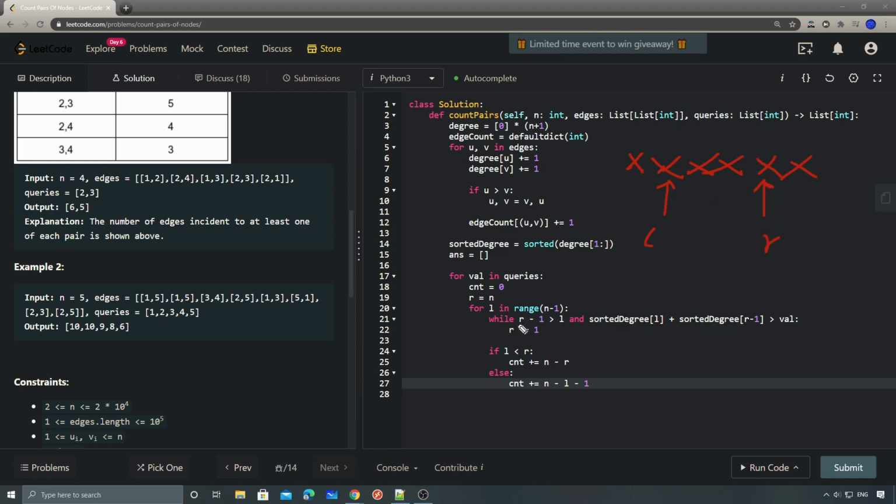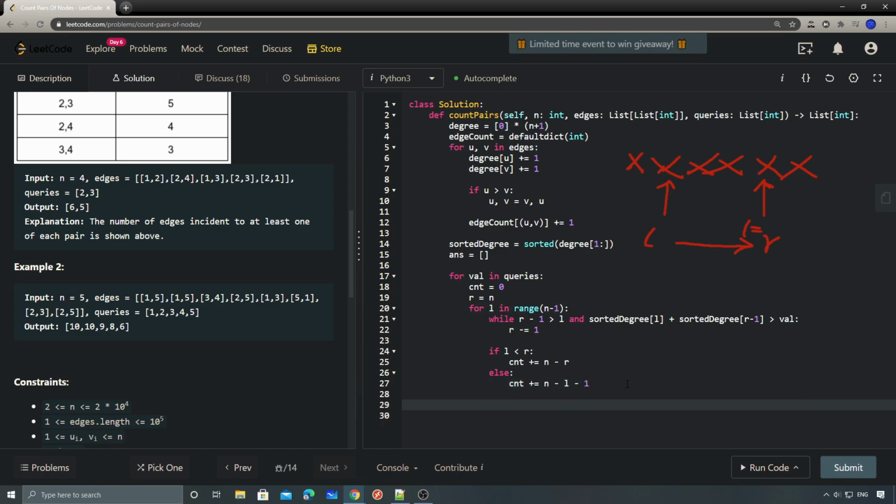But if L has reached R here, it means we don't have to use R, because anything on the right side of L will satisfy the condition. That's why we use n minus L minus 1 to calculate the valid pairs for the current L.